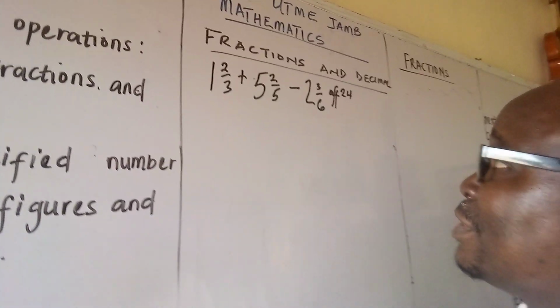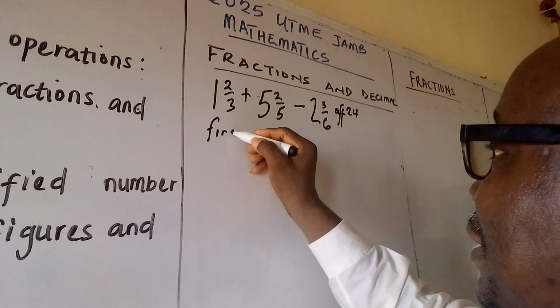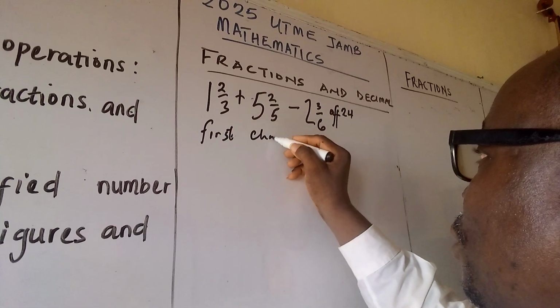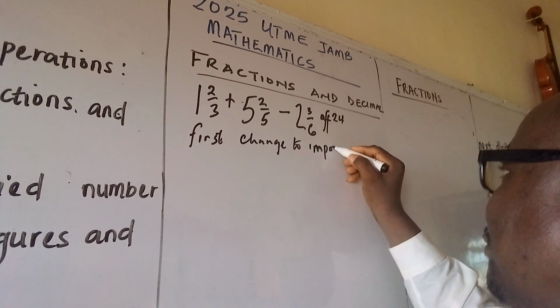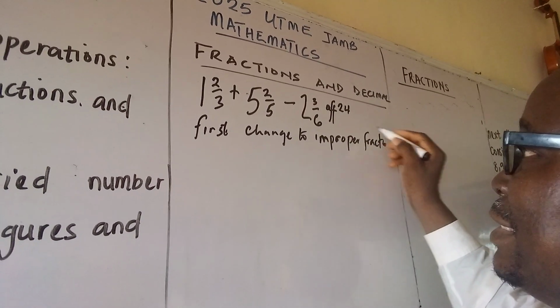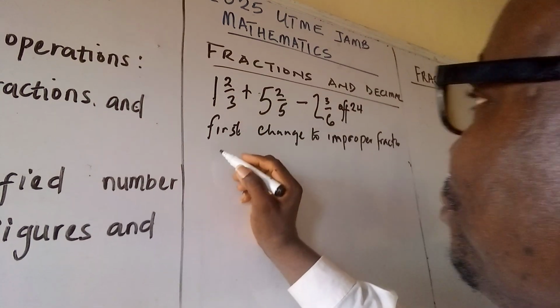As I said in the previous class, to solve this operation, first, let's change everything to improper fractions for easy calculation. This times this, 1 times 3 plus 2.